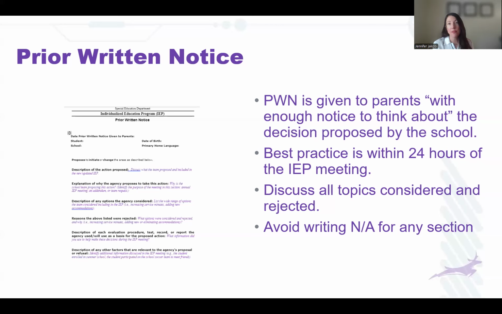For example, in this section I usually put information like this student is planning on joining the school band in the fall, or the parents are considering enrolling the child in a summer school program to work on some skills. All of those other factors need to be included in that last section.